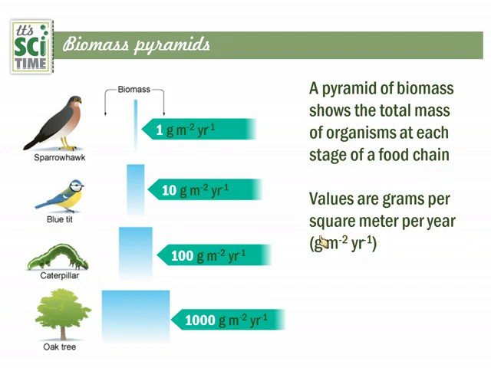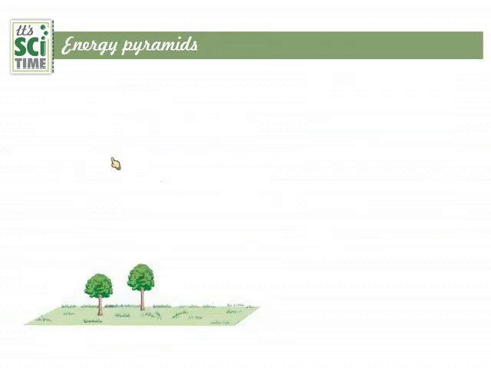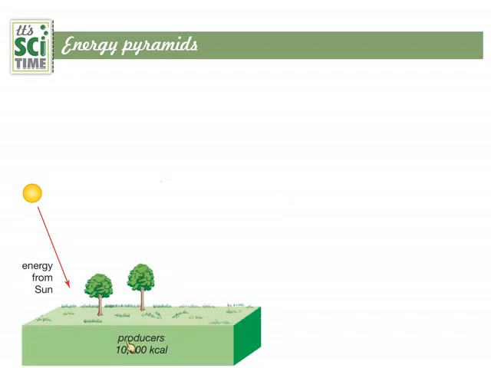This is the value. Likewise, let's move on to the next type of pyramids, energy pyramids. People mostly talk about these energy pyramids because they show how energy flows through food chains. You can see some producers on the ground. These producers capture energy from sunlight, and imagine they capture 10,000 kilocalories or 10,000 kilojoules or such an amount. When the next dependent level takes it, there is heat loss.